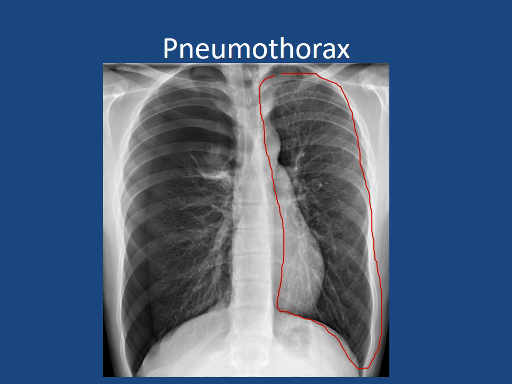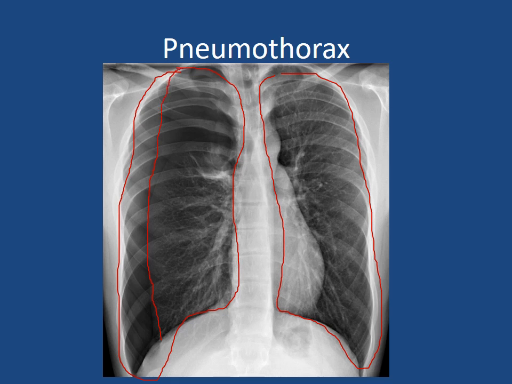If we now look at the affected lung, which is the lung on this side over here, if you look very carefully, you can just see a line that goes up here. And this is actually where the lung has started to collapse away from the chest wall.